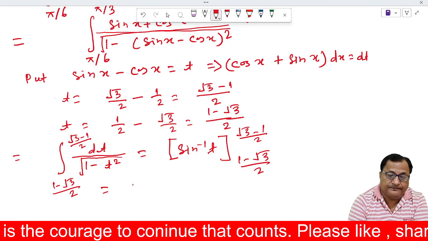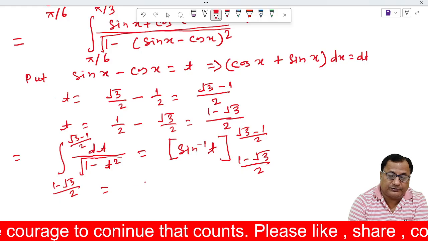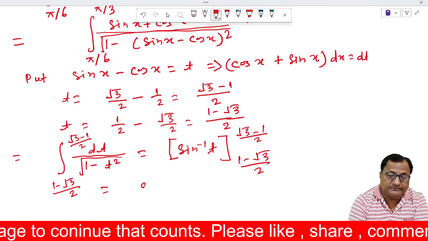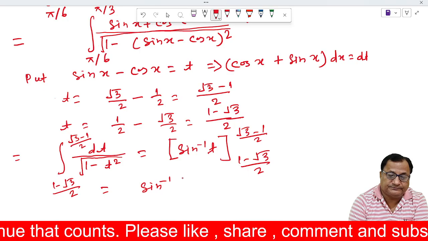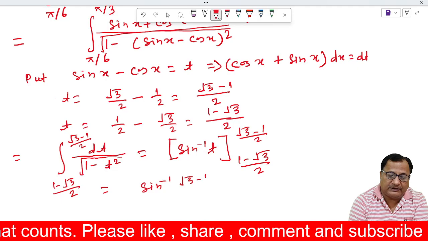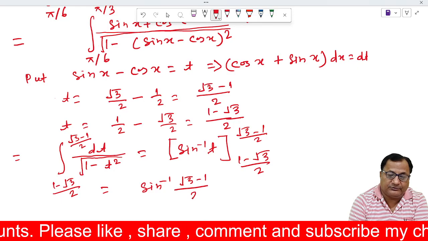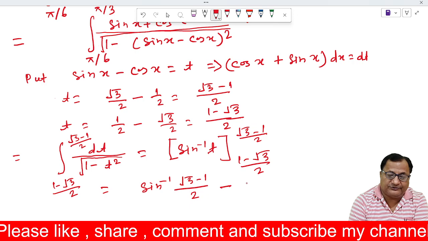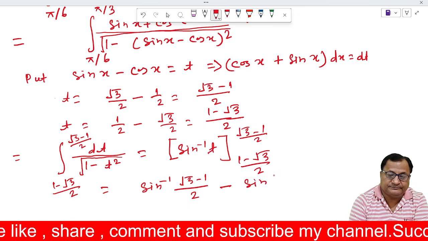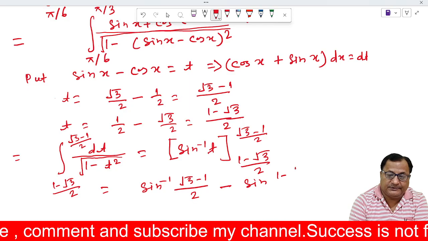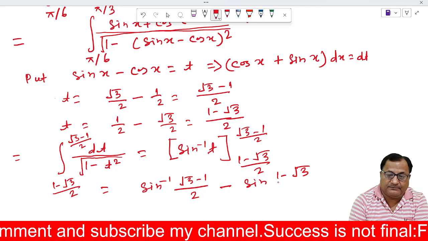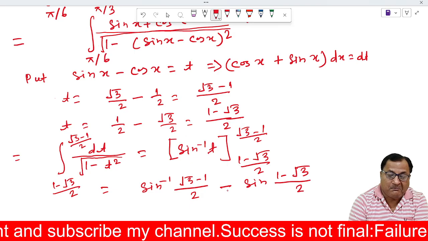First we will put the upper limit: sine inverse root 3 minus 1 by 2, minus sine inverse of 1 minus root 3 by 2.